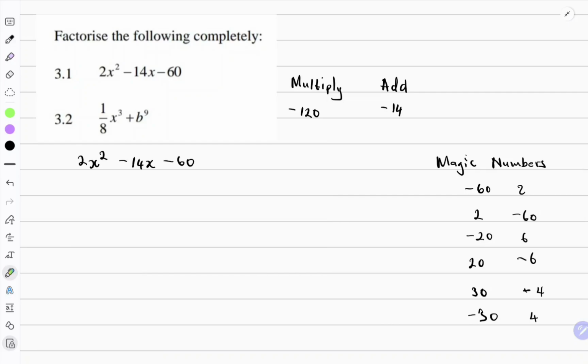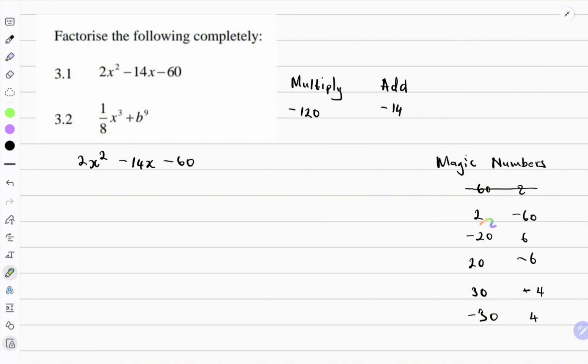Remember what I said: when you multiply the magic numbers, you should get negative 120, and when you add the magic numbers, you should get negative 14. So the numbers that you choose should satisfy both conditions. Let's check the first pair. Negative 60 times 2 gives you negative 120, but doesn't give you negative 14. So we cancel that pair.